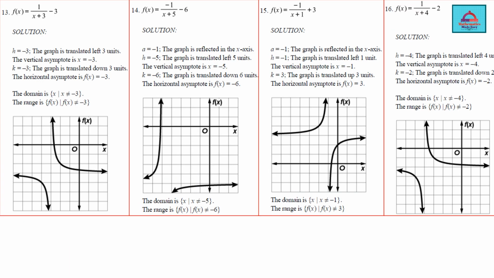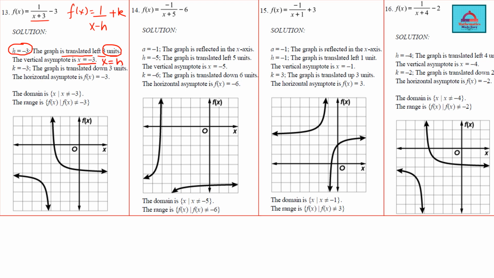The first question, question 13, I'm going to compare with f(x) = 1/(x - h) + k. What is the value of h here? If you compare x + 3 with x - h, your h is -3, therefore the graph is going to move left 3 units. Then the vertical asymptote is going to be at x = h, or x = -3.